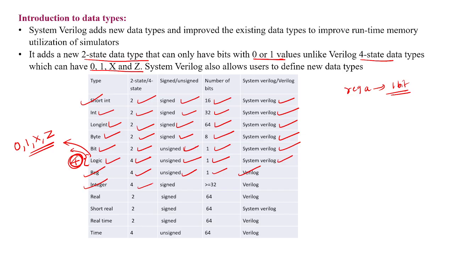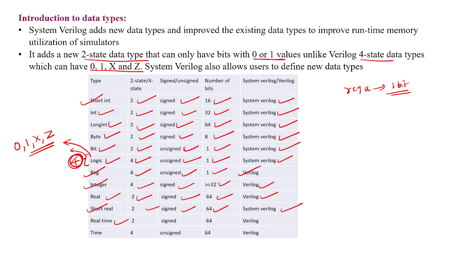Integer data type is 4 state, signed, and the number of bits is greater than or equal to 32, used in Verilog. Real data type is two state, signed, 64 bit maximum, used in Verilog. Short real is two state, signed, 64 bits, used in SystemVerilog.